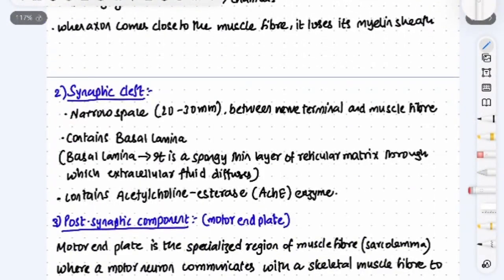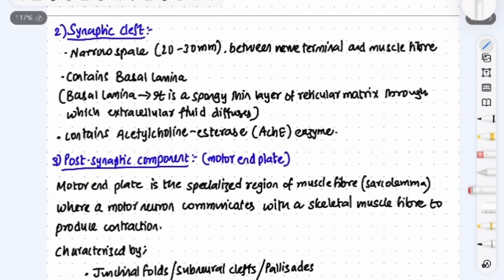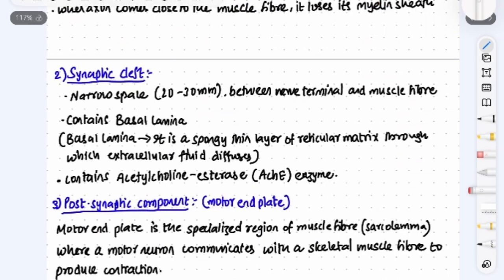Now we'll be talking about the synaptic cleft. The synaptic cleft is a narrow space, about 20 to 30 millimeters, between the nerve terminal and the muscle fiber, and this contains basal lamina. Remember, basal lamina is nothing but the extracellular matrix. The synaptic cleft also contains an important enzyme called acetylcholine esterase.